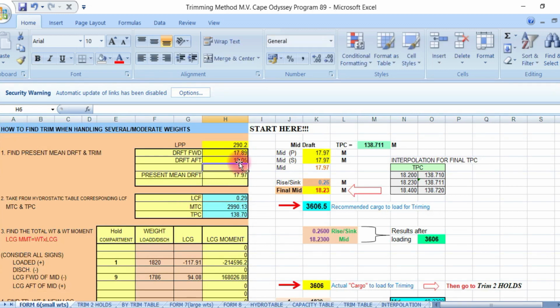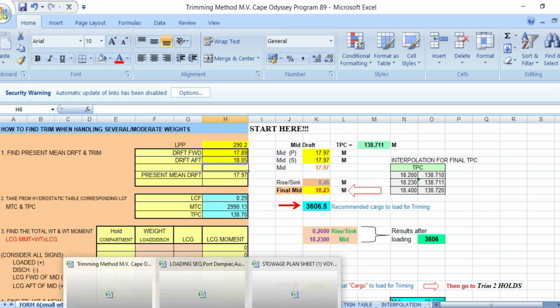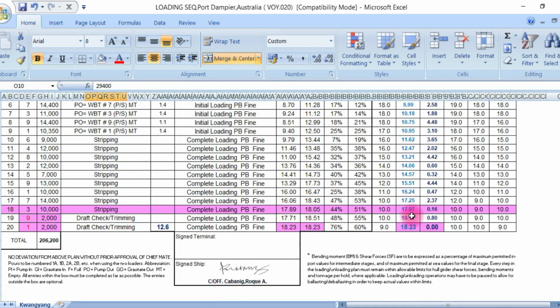And your mid drop is 1797. You have zero trim, and 19 is the hold, trimming hold.